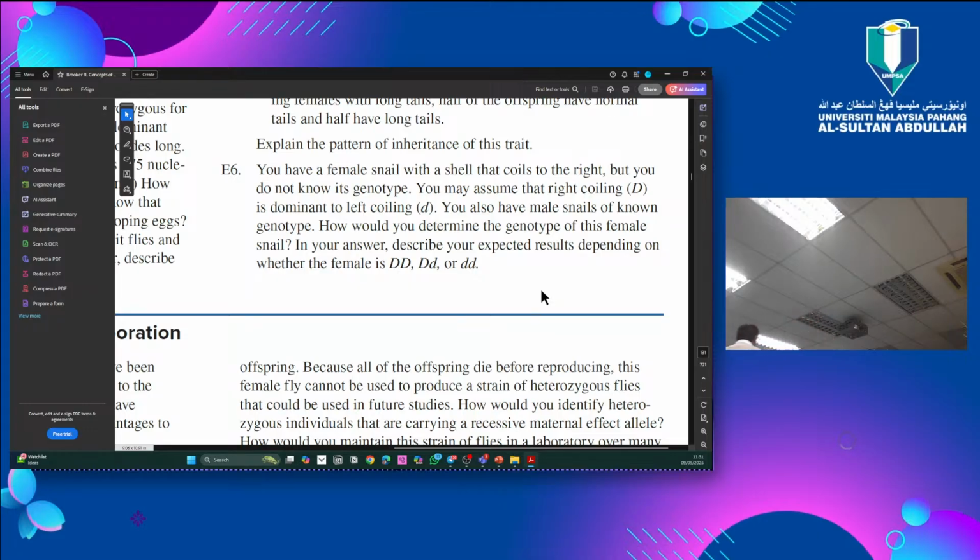So you have to utilize your knowledge on what we have learned so far to solve this question. We do not know the female snail, and the male snail of known genotype is not given to you. How do you determine the genotype of this female snail?